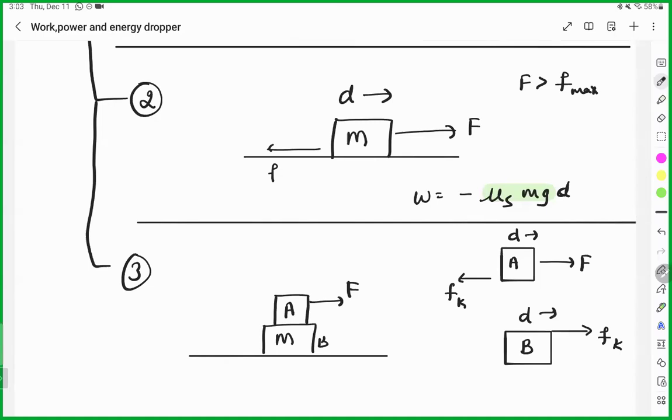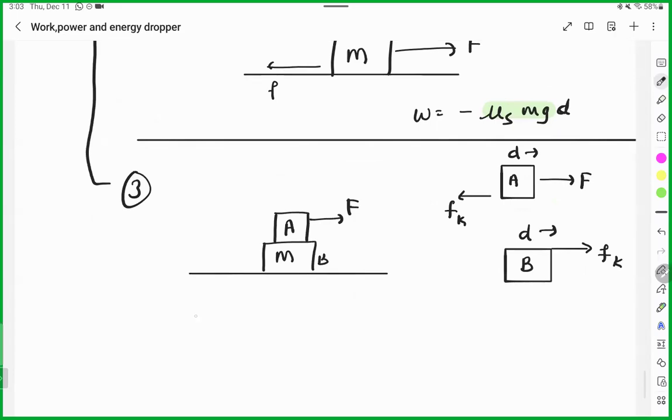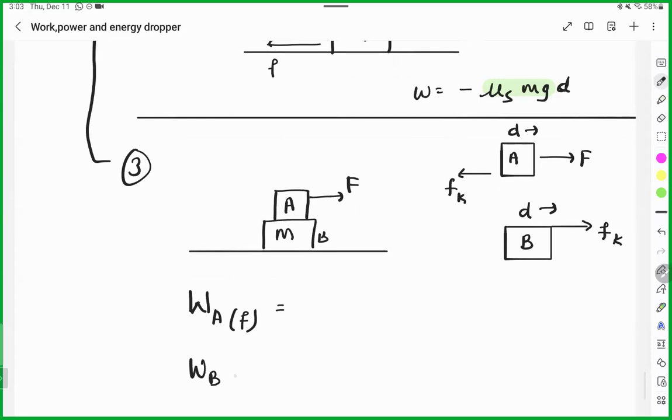Now tell me, work done by friction on A and work done by friction on B. So work done on A will be minus μs mg into d.